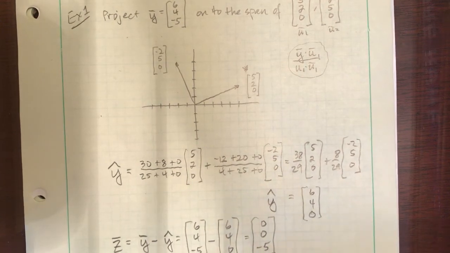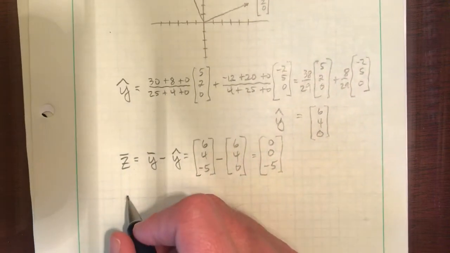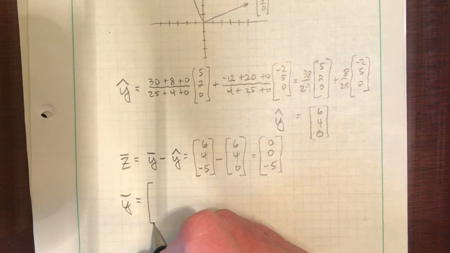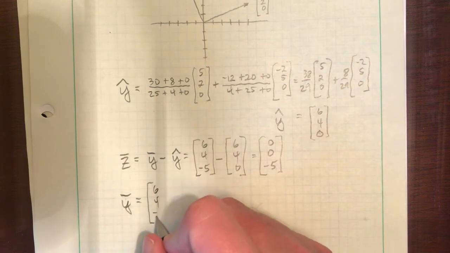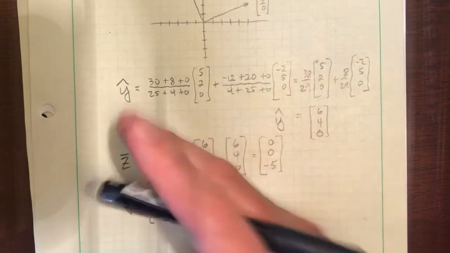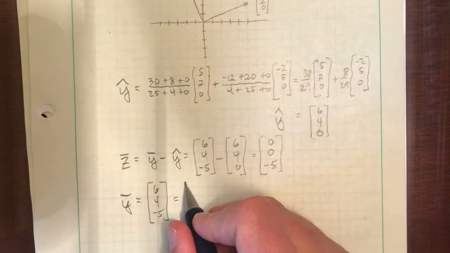And what that gives me is another way to represent my original vector y, 6, 4, negative 5, as the sum of two orthogonal vectors.